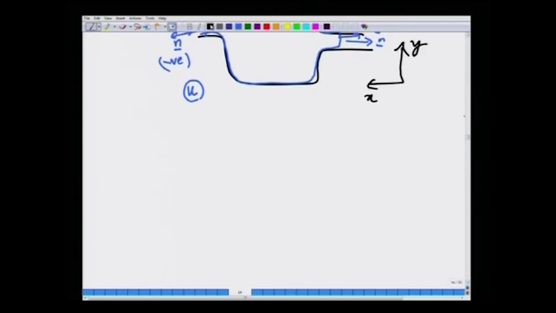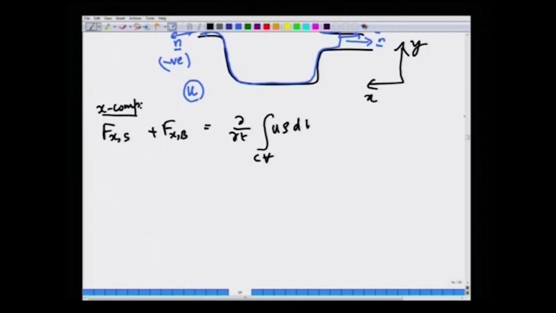Now, another thing we pointed out in the last lecture is that, since it is a vector equation, you may have to write the full scalar component. I am just giving you an example of the x component: F x surface plus F x body is equal to d dt over the C V of u rho dv plus integral over C S of rho u V dot n dA.